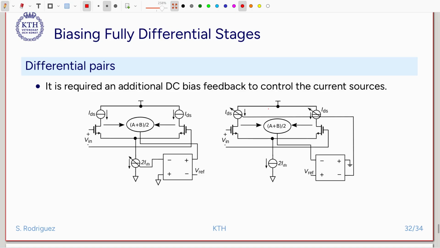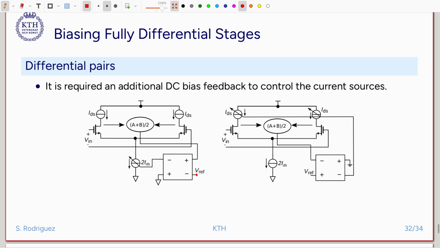So we will need some correction amplifier in which we connect a reference voltage, and then we feed back to some point in the circuit that biases the differential pair.